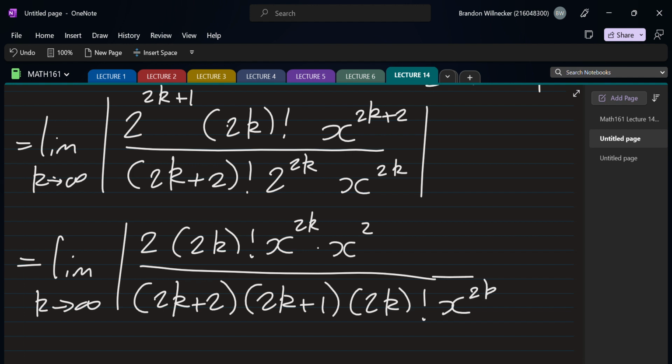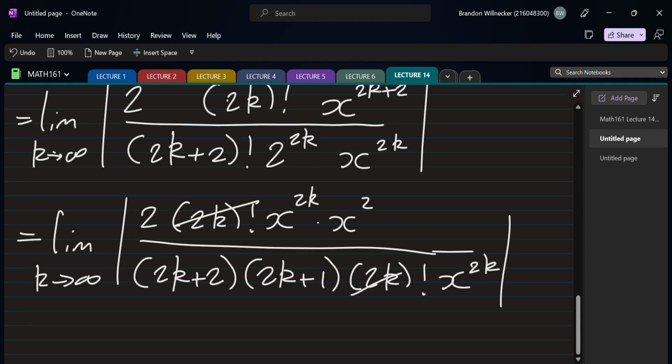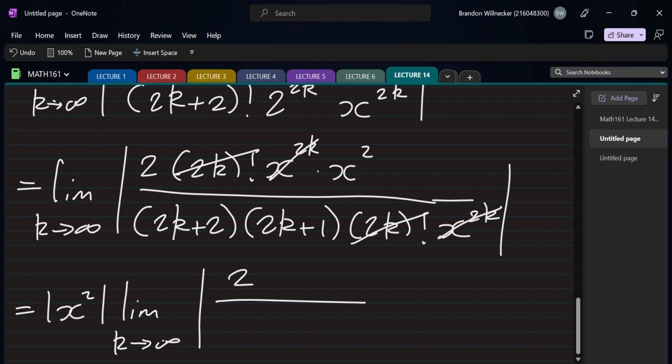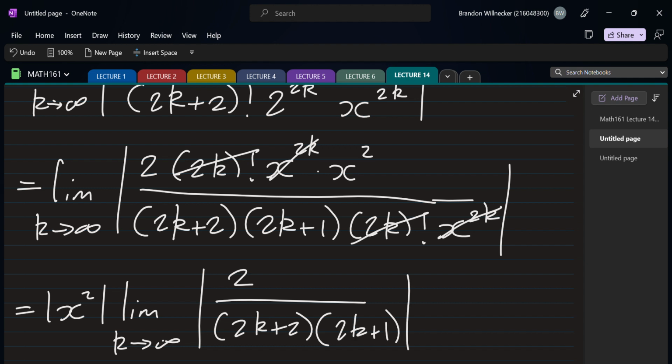Okay, and then we have the 2 to the 2k, x to the 2k, sorry. So the factorials can go, the x to the 2k can go, and then we're left with this absolute value of x squared. We can take that out. Then we have the limit, k goes to infinity, of 2 over 2k plus 2, 2k plus 1.